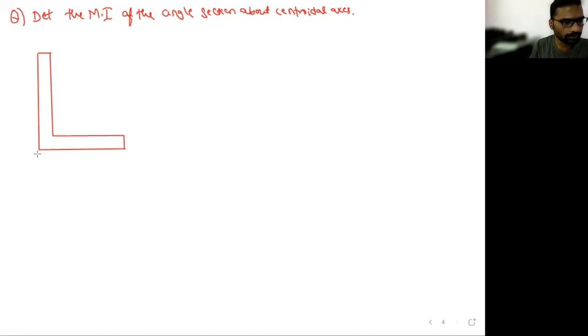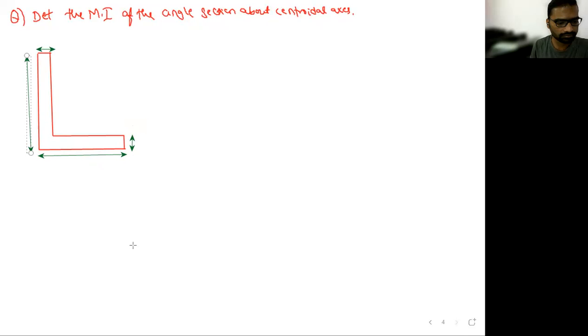Draw this diagram, all of you. We have not solved the L section, correct? I section and C section we have taken, angle section we have not taken.